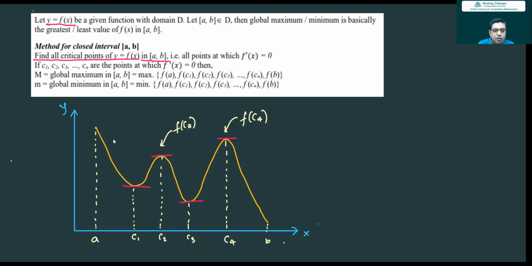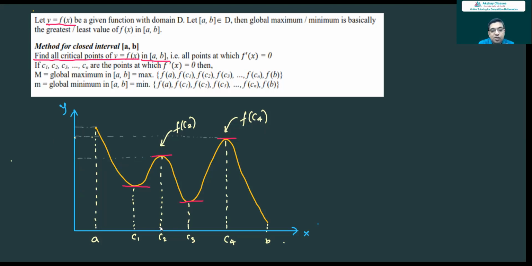However, f of C4 is greater than f of C2. This is f of C2, this value. But you can see that f of A is greater than f of C4 also.